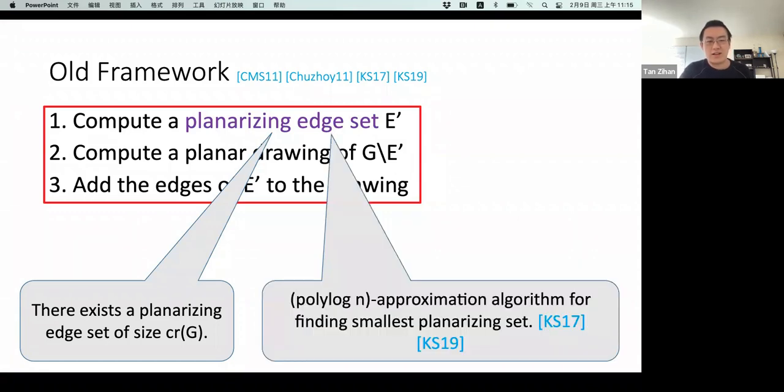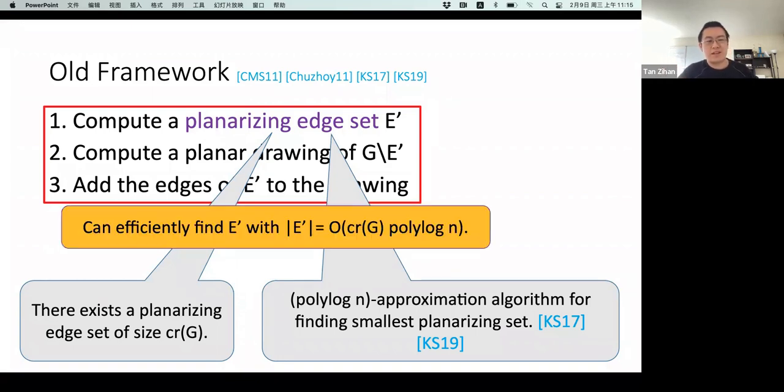On the other hand, the main result of Kawarabayashi and Sidiropoulos, in a sequence of 2 papers, designs a polynomial-time approximation algorithm for computing the smallest planarizing edge set. Combined together, they give an algorithm that efficiently finds a planarizing edge set with size approximately CR(G), and this is basically the best that we can hope for in the first step. So the first step is basically done.